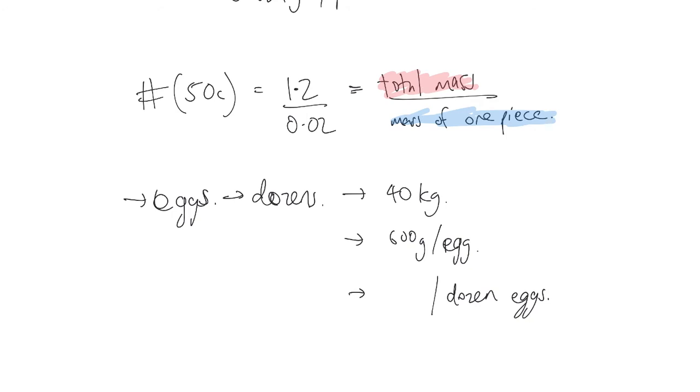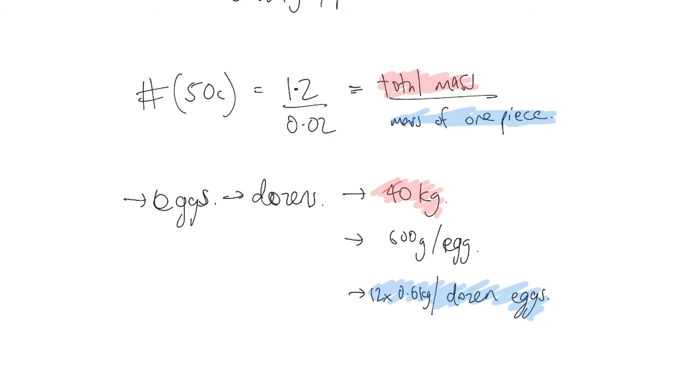So that'd be 12 times 0.6 kilograms. In terms of eggs, it's easier to work out the mass of a dozen eggs and then use that in the calculation. I still have the total mass, 40 kilos, but now instead of the mass per egg, I'm using the mass per dozen eggs.